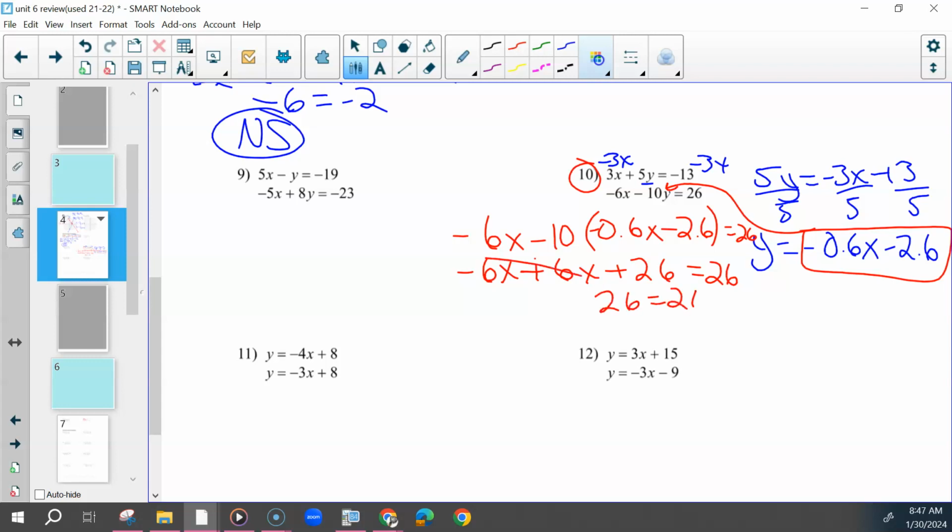Leaving 26 equals 26, which is what type of solution? What would the solution be? One. You're on a variable, so it's not one solution. Many, because our variable canceled and they're the same.